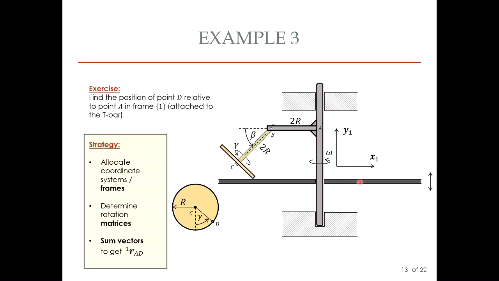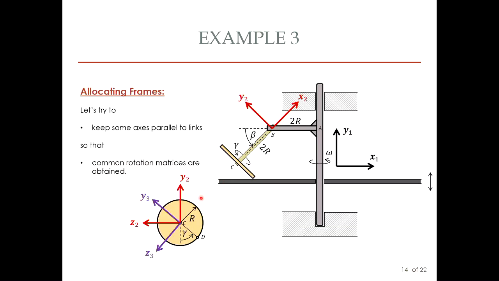Convenient already. So what I'll be doing, I'll be attaching one coordinate system to this rod that is moving with this angle beta, and another one to the wheel. And I'm trying to follow the rules of thumb that I gave you.